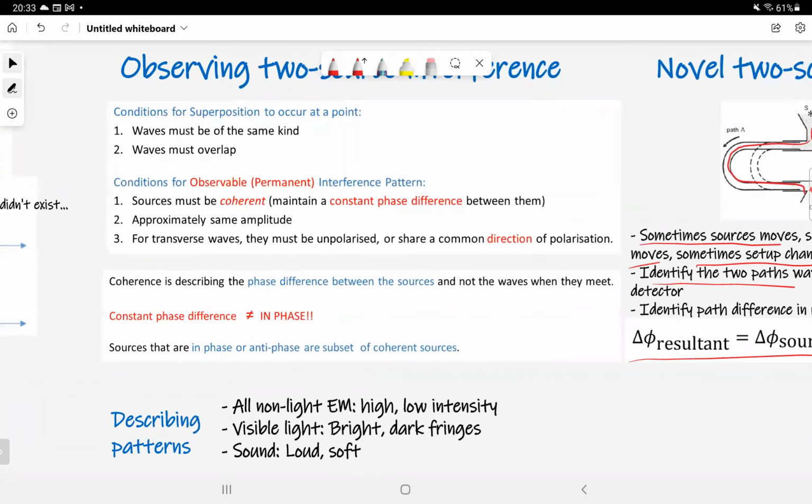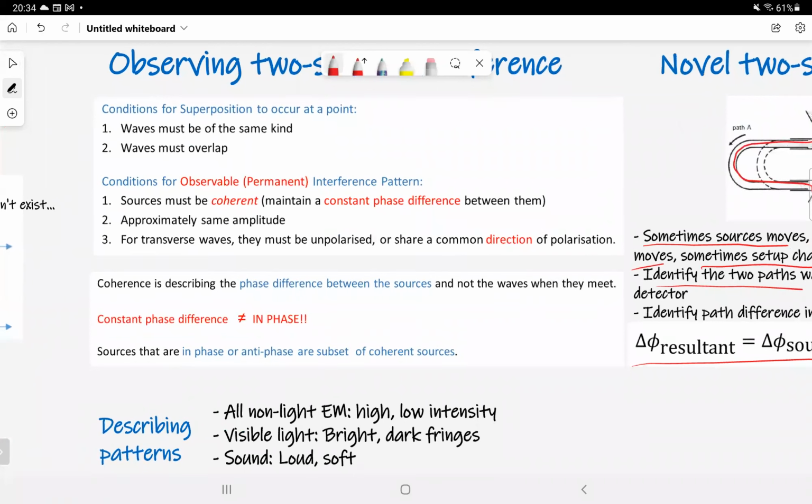Number one, and you must distinguish, these are two sets of conditions. The first set is when will superposition occur? Given in the principle already: must be the same kind, and overlap. So this is the first thing that must happen.